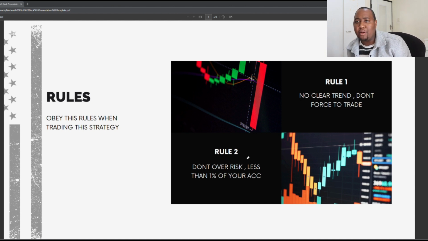Number two, which is very important, and there are only two rules here, is don't over risk. Do not over risk. Many of you are trading news with the mentality that you have to go full margin and it's going to double your account. Anything can happen when it comes to news trading.